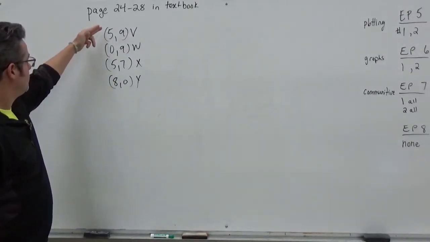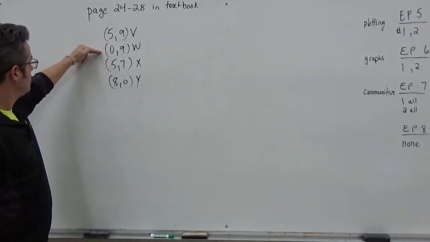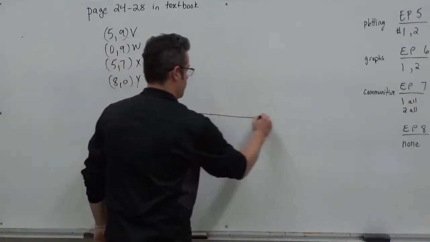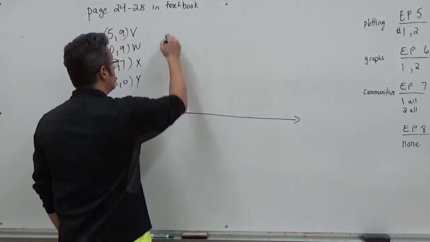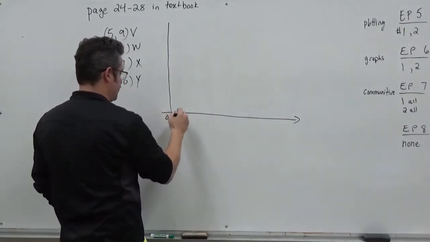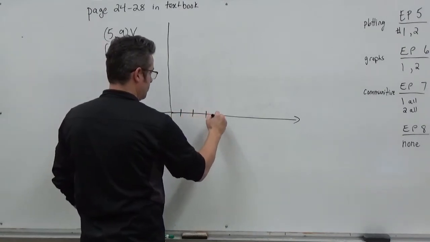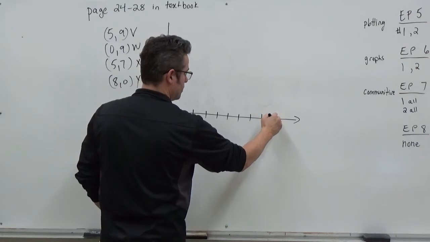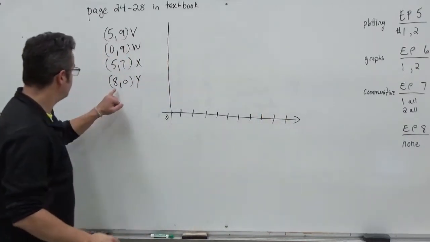Well, I can see that I go from 0 to 8 on my horizontal part. So that means that this part, I'm going to go up 8. 1, 2, 3, 4, 5, 6, 7, 8. I could go more, 9, 10, but I have to have at least 8.